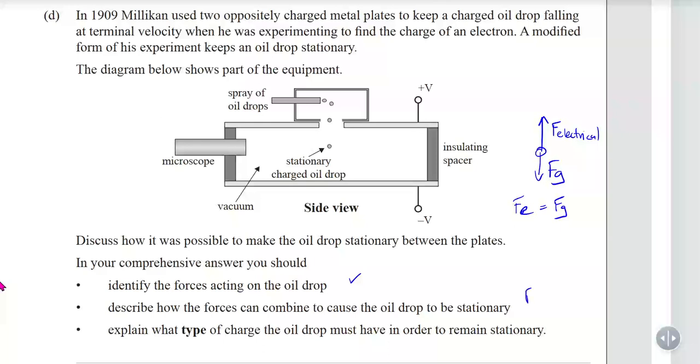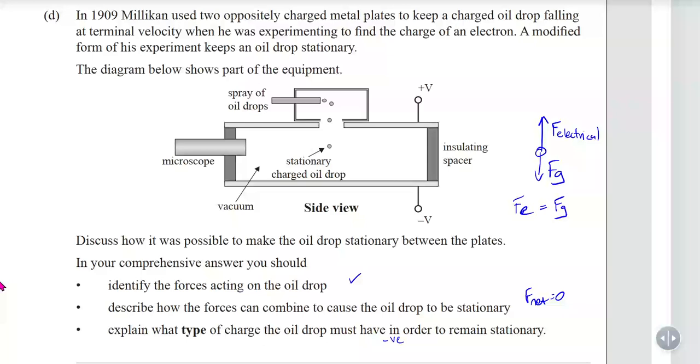So we want F net equals 0. That's what we're going to use there. And explain what type of charge the oil drop must have in order to remain stationary. So this is the idea that if it is a negatively charged particle, it's going to produce a force upwards. So negative. Okay, so those are the things I'm going to try and include.